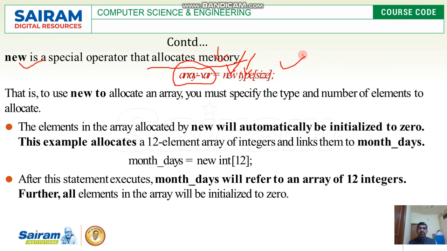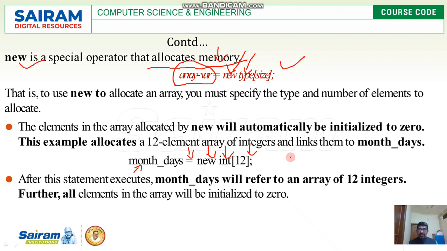For example, to take the previous case where the array variable was month_days, then you can give the assignment operator, then you can give the new operator. Then you have to give the type and the size. So when we do this, we are going to get space for our array, and the elements in the array will be initialized to 0 by default.